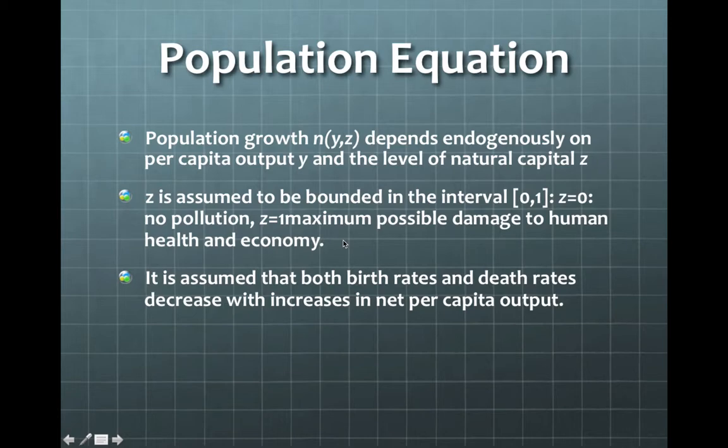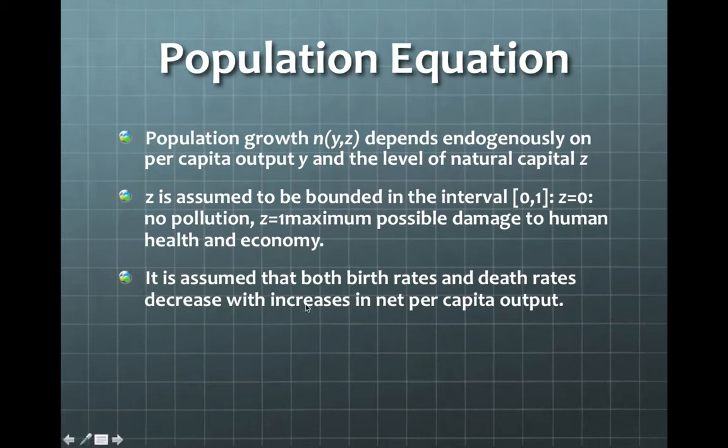It is assumed that both the birth rates and the death rates decrease with increases in net per capita output. So the idea here is that the more is produced, the birth rates will fall.